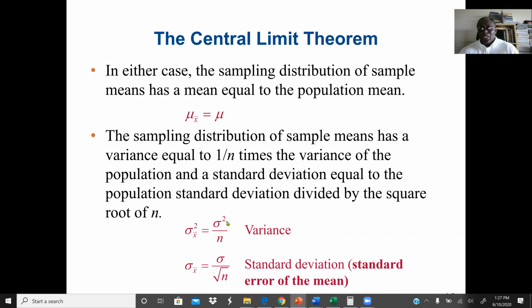So this is what we said earlier, that as the sample size increases, the variance and the standard deviation of the sample mean will decrease. Now, when the sample size decreases, then the variance and the standard deviation of the sample mean will increase.